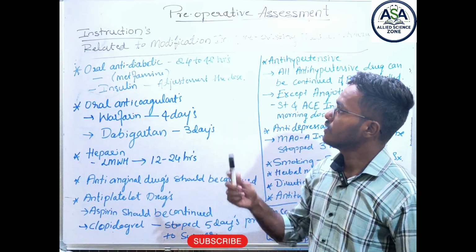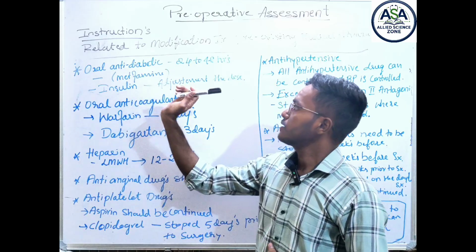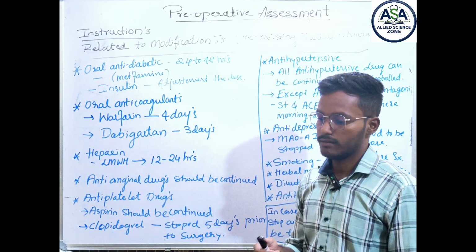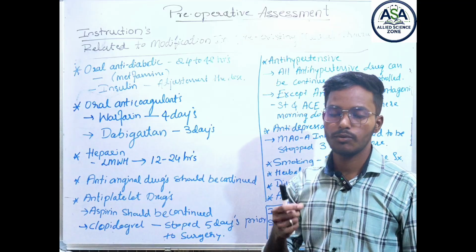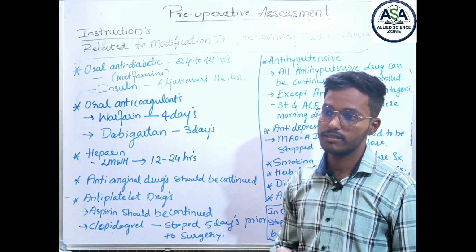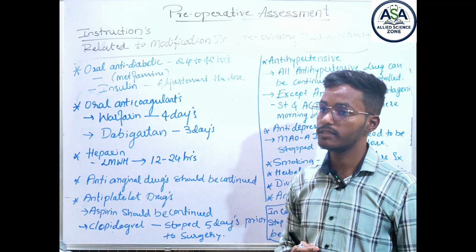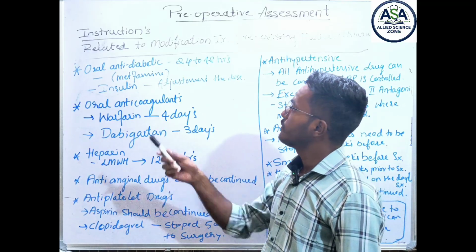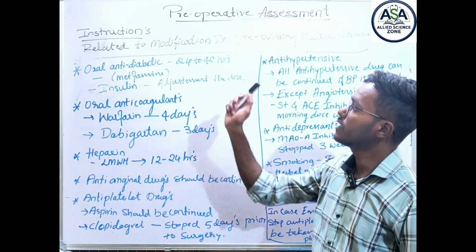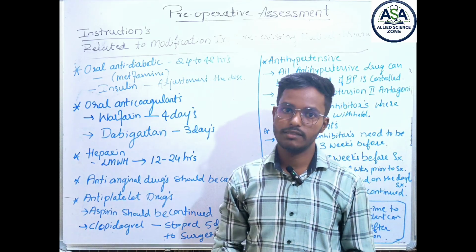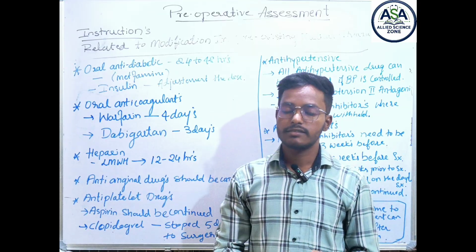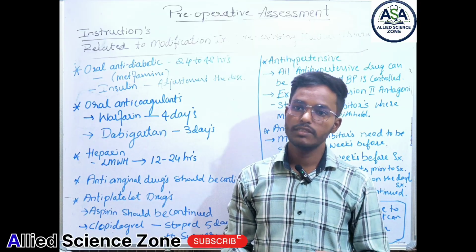Okay, first one, oral anti-diabetic drugs, like metformin. All these come under the oral anti-diabetic drugs. Oral anti-diabetic drugs should be stopped 24 to 48 hours before the surgery, meaning 1 day or 2 days before only.